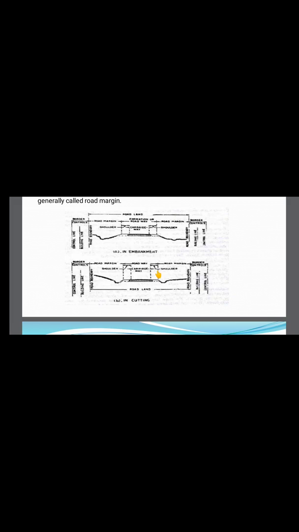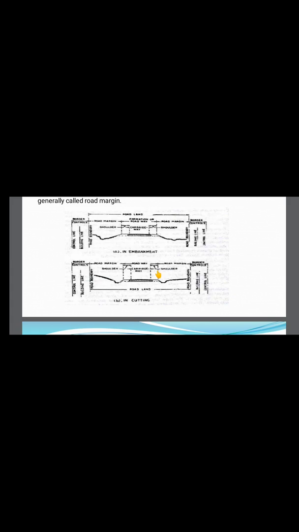So how are you going to decide? This is decided based on the profile of the road. Okay, with some formation level, the road has to be formed. Based on that, whether it is cutting or filling, we need to decide. So in case of banking or embankment, this is the one we should follow.